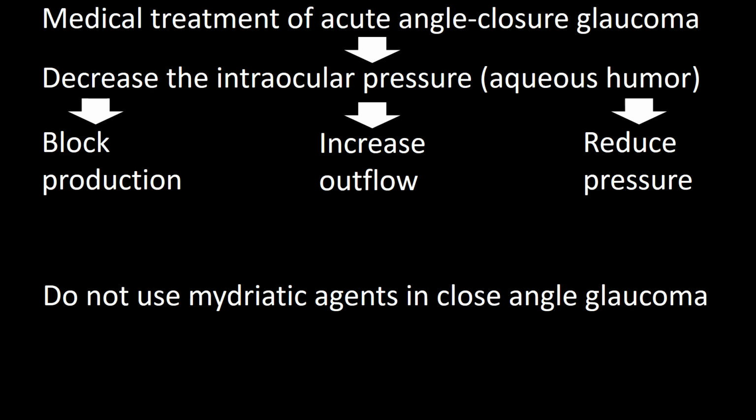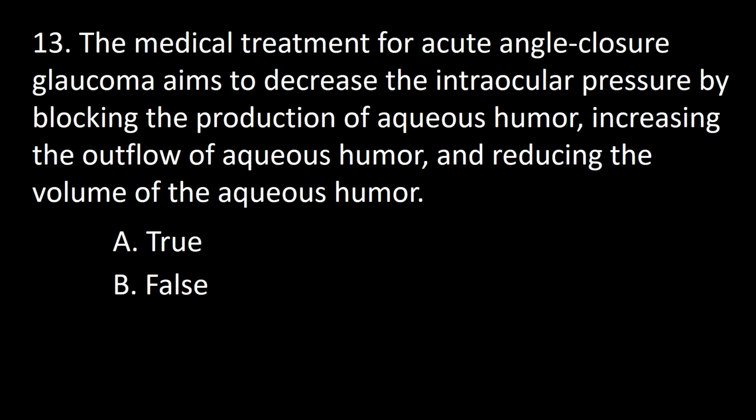It is important to remember that mydriatic agents, that is alpha-1 adrenergic agonists, should not be used in patients with closed angle glaucoma. So the answer to this question is A.